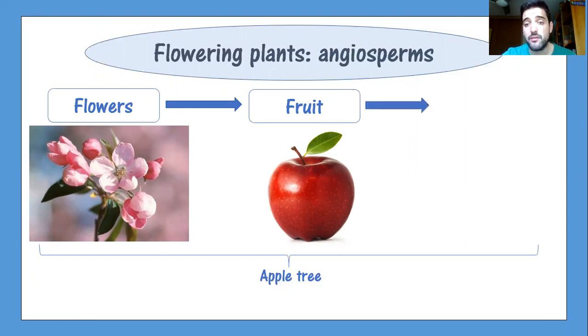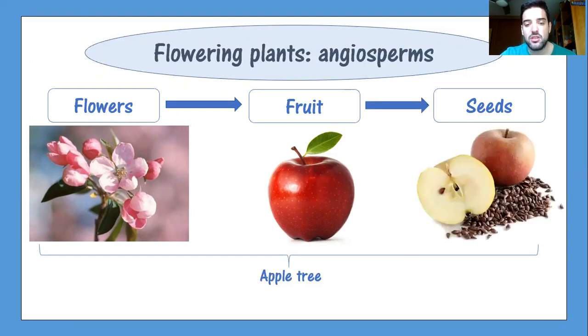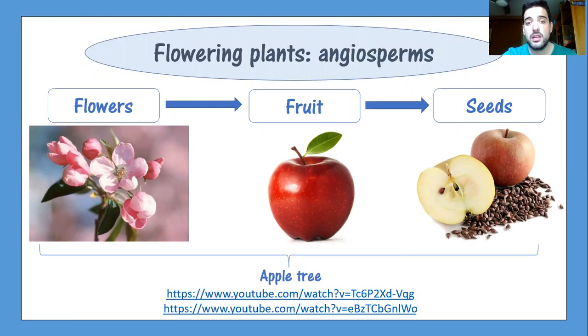And then inside the fruit, we have the seeds. Yes, you know this, I know, but I have to tell you, when this fruit falls into the ground, a new plant can grow. Here you've got a couple of videos in YouTube about the apple tree and how the flower is transformed into the fruit. These are very interesting.